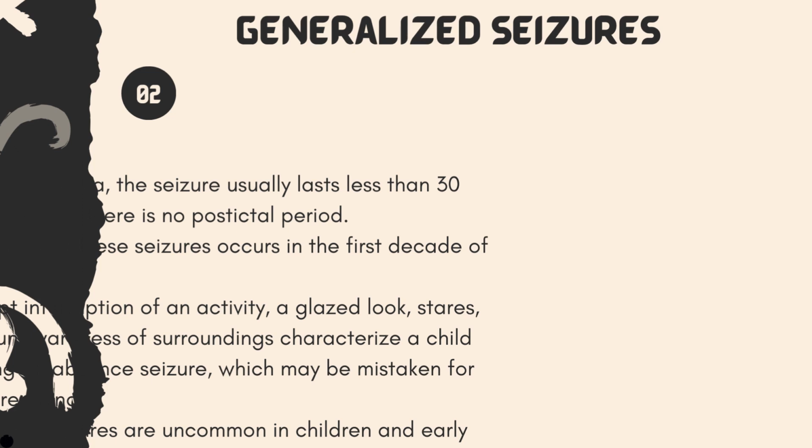A child having an absent seizure shows abrupt interruption of activity, a glazed look, stares, and unawareness of surroundings, which may be mistaken for daydreaming.